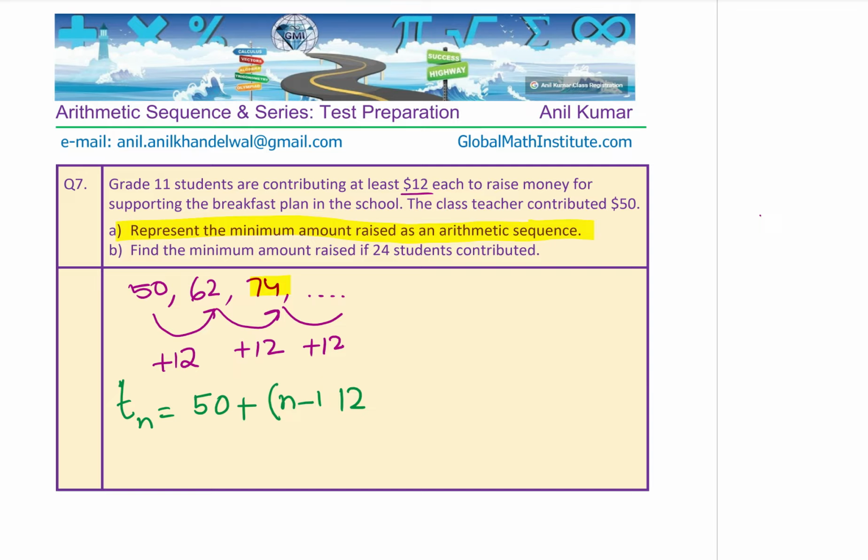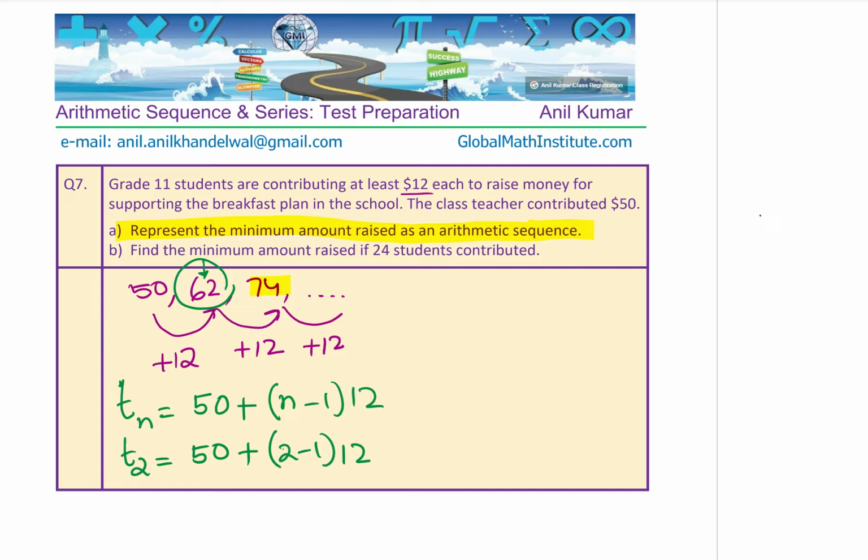So therefore, since the teacher is the first term, the second term, which is T2, will be equal to what? 50 plus 12. So 50 plus, second term is actually one student, right? One student will be 2 minus 1 times 12, and that gives you the right answer, which is 62.